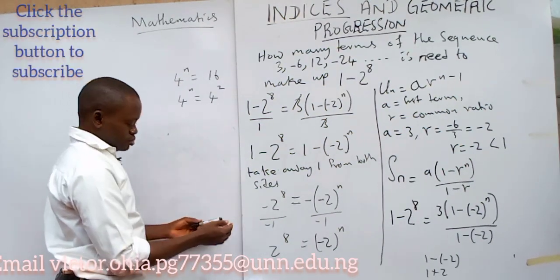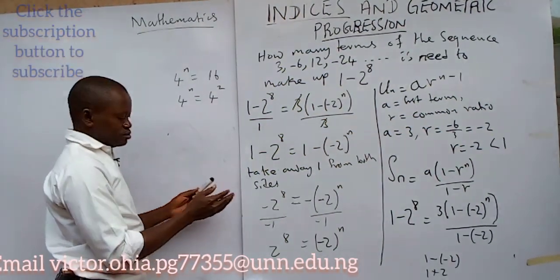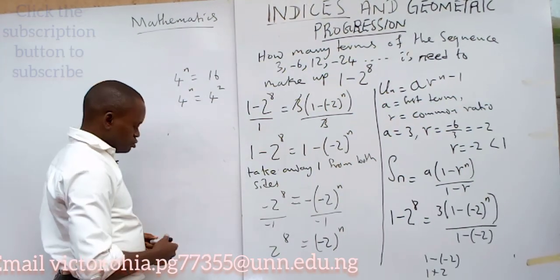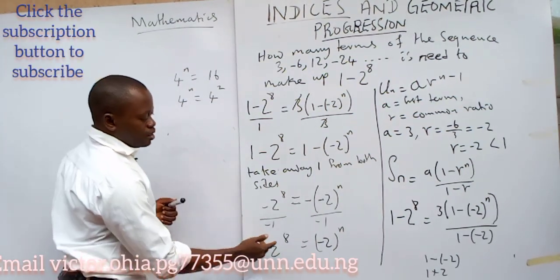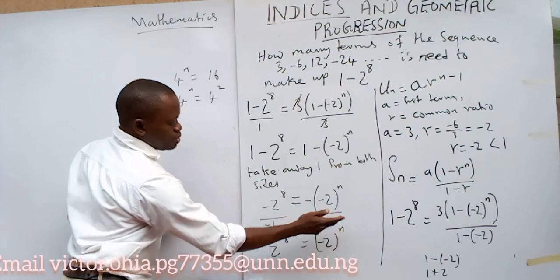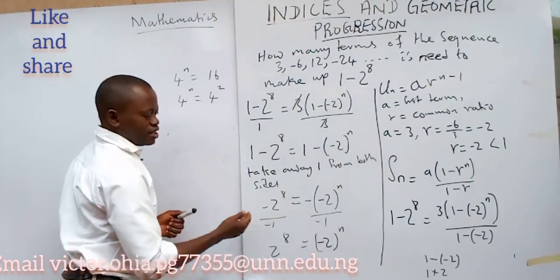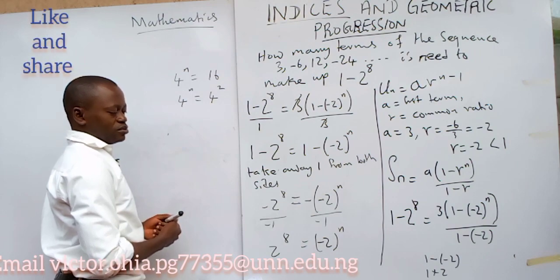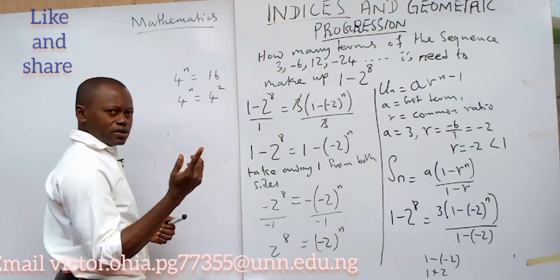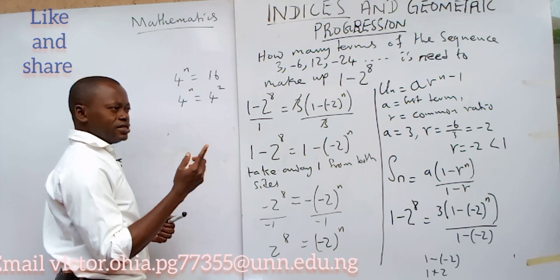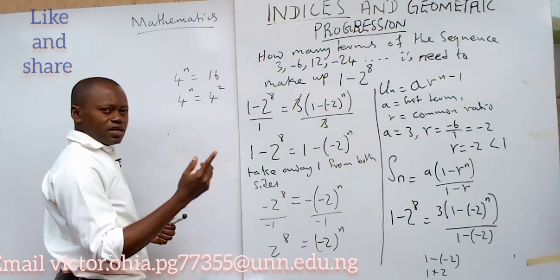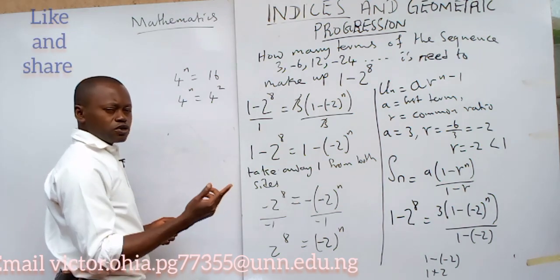You get? So what we are going to have as our conclusion is that just put n to be 8. If you put n here to be 8, because are you aware that any negative number raised to power even becomes positive automatically?